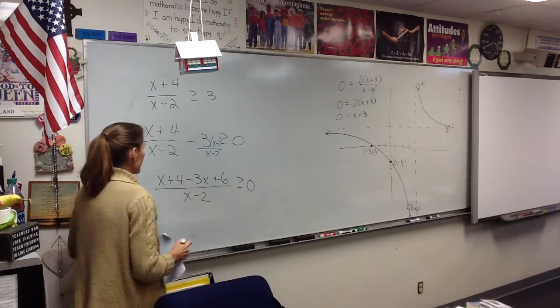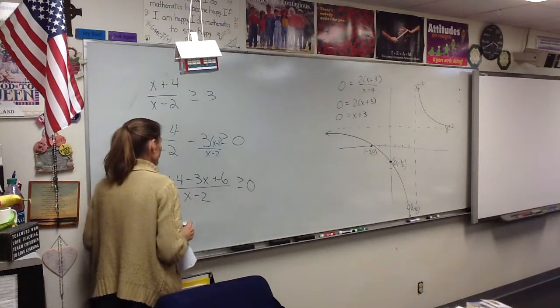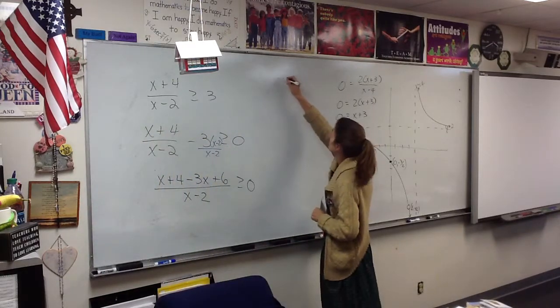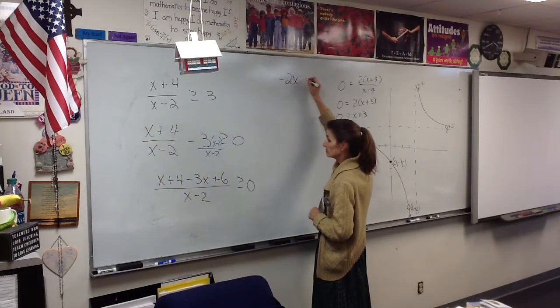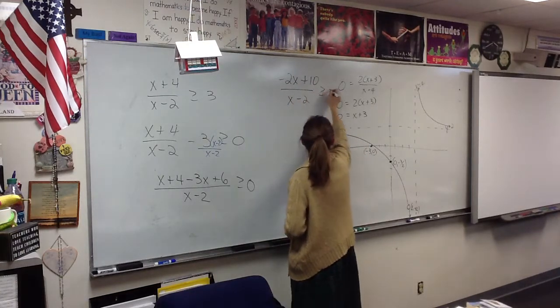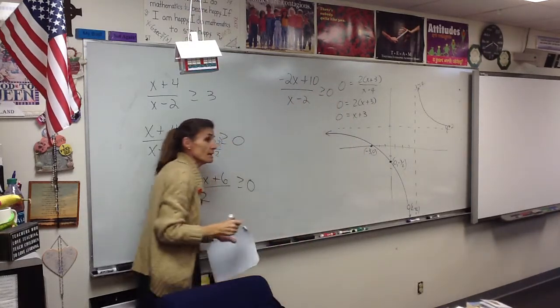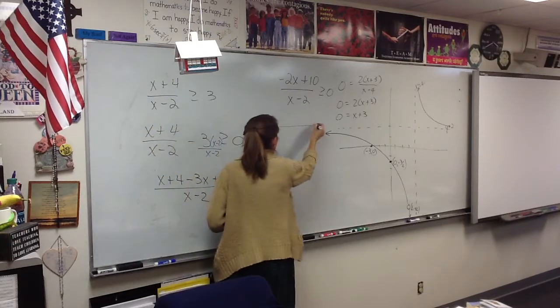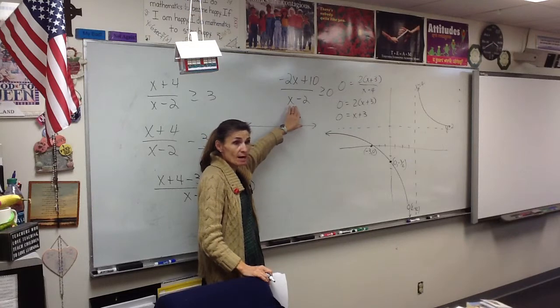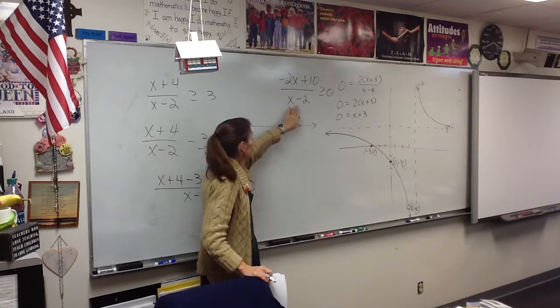Simplify the top for me. It should be a negative 2x plus 2. Yep. Now I'm ready to go to my number line, aren't I? And I think everybody can see where this dot is. This one's where?